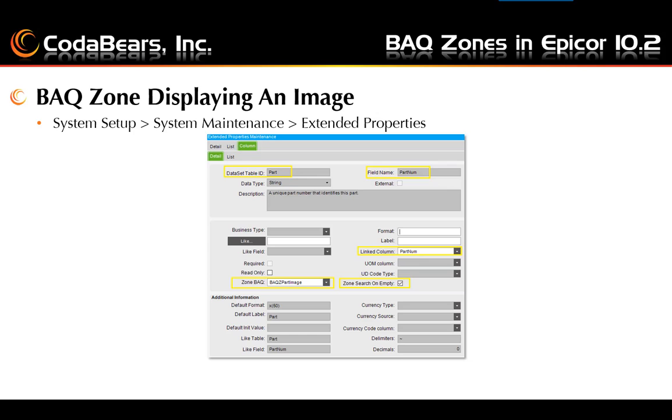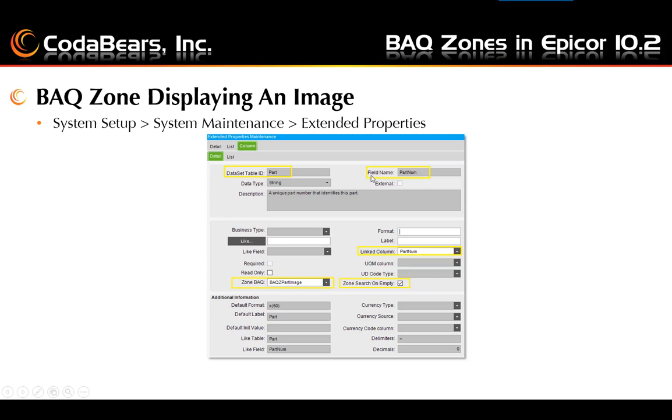So once we have the BAQ set up, again we go to the extended properties and pull up the table and field that I want to link my BAQ zone to, and in this case they're the same ones that I did my previous example on.